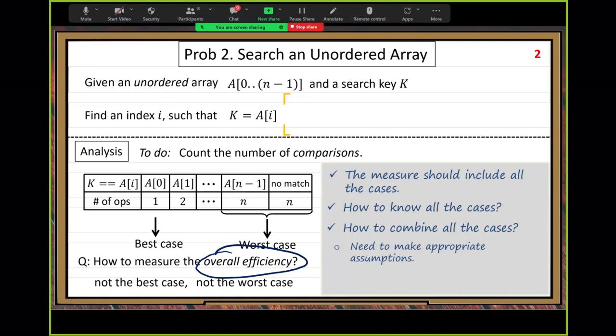For this particular example, we need to make appropriate assumptions. Before we can do the suitable combination method, we need to make some appropriate assumptions. The assumption should be fair, should be reasonable.